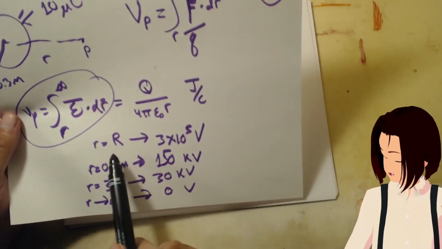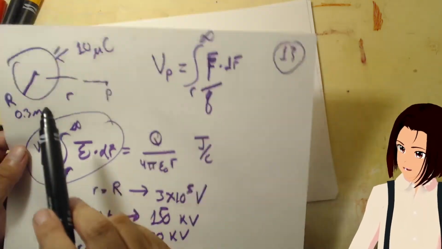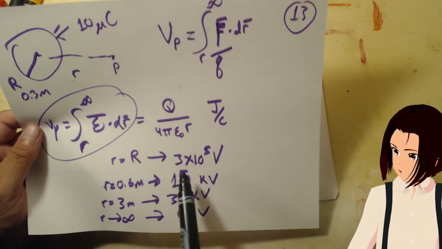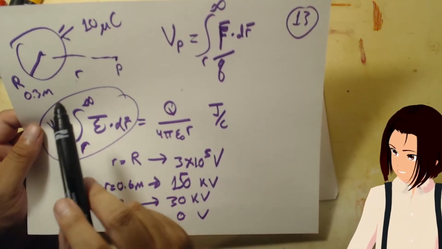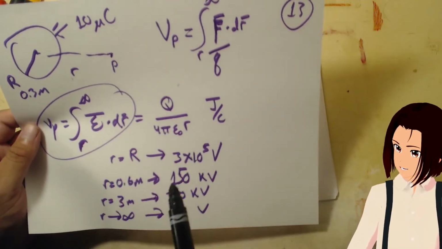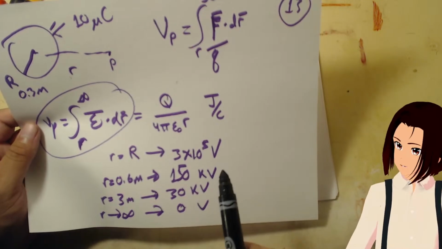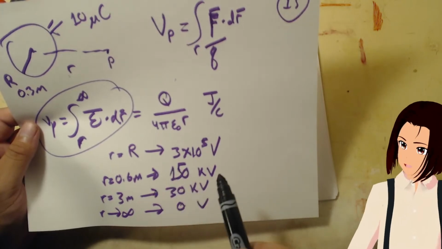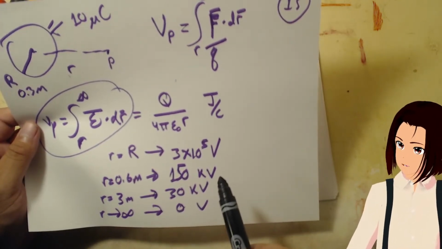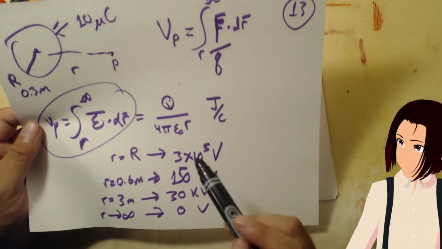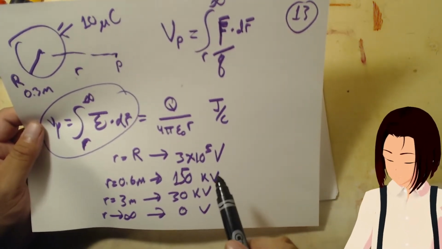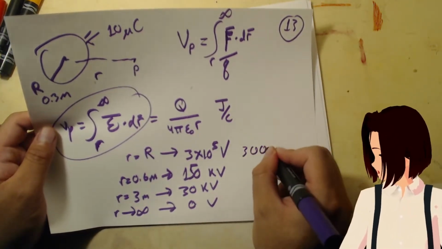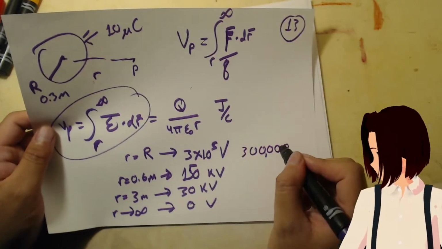So if R is equal to big R, the radius on the surface of the Van de Graaff, and we take the potential at that surface and subtract the potential at infinity, we get a potential difference of, not 30,000, 300,000 volts.